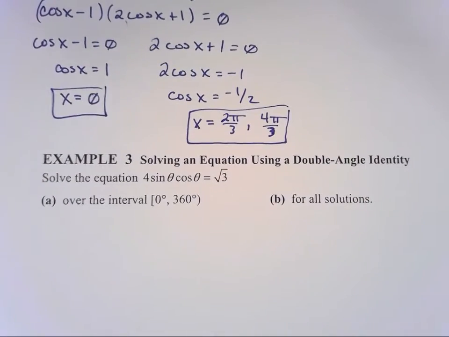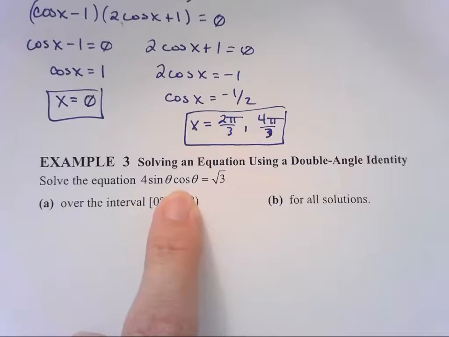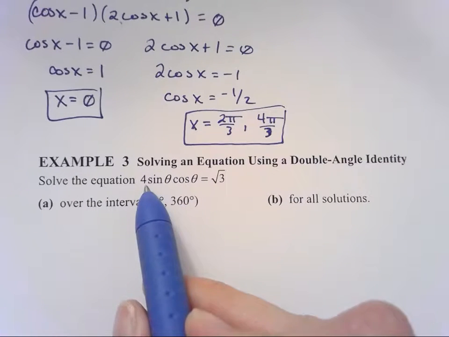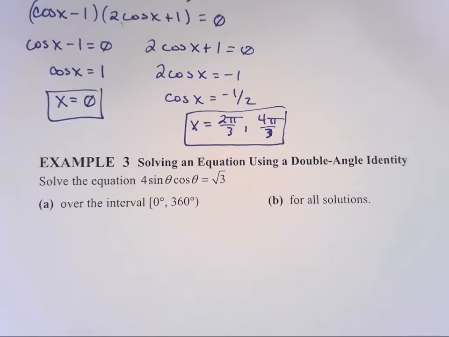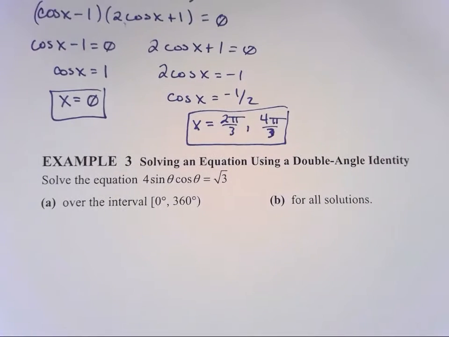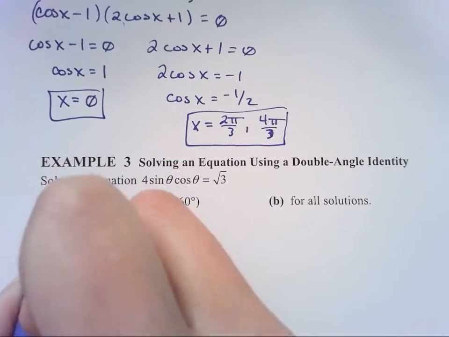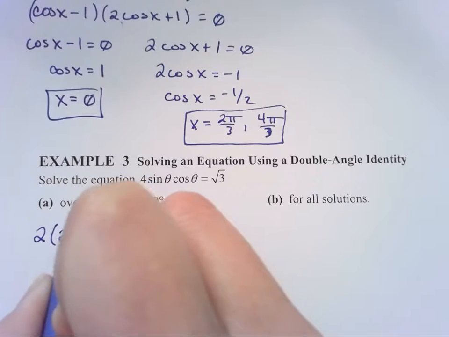Another one. I have 4 times sine theta cosine theta equals root 3. Well, I know that root 3 over 4 is not on my unit circle, so I don't want to divide both sides by 4. What I do know is that 4 is 2 times 2.